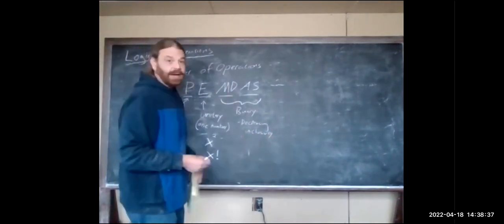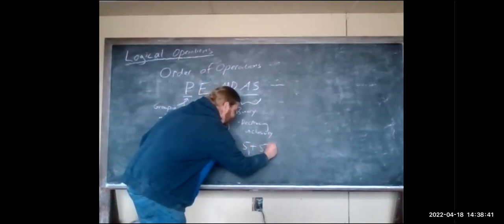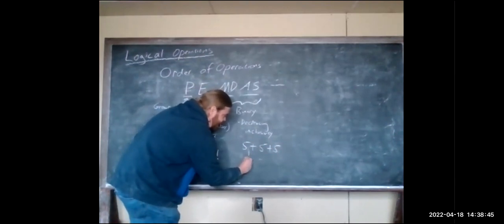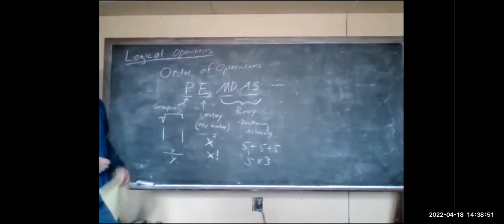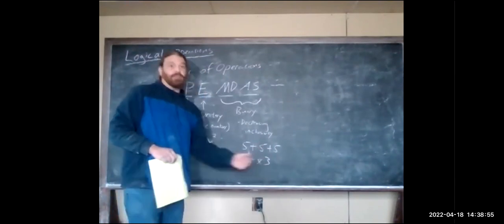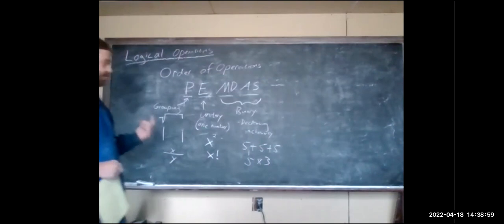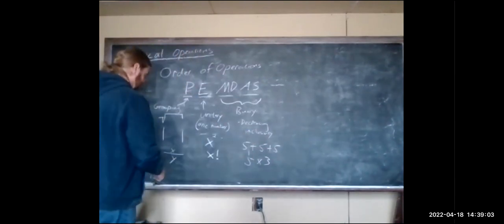And what I mean by inclusivity is 5 plus 5 plus 5 is the same thing as 5 times 3, right? So more things are included in that multiply operation than the addition operation. Really, the multiplication is including multiple additions.